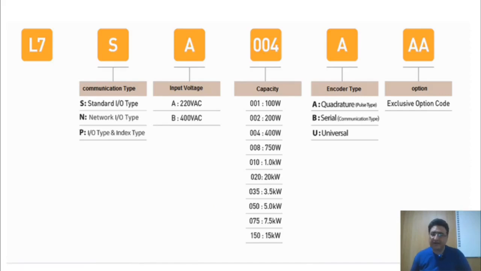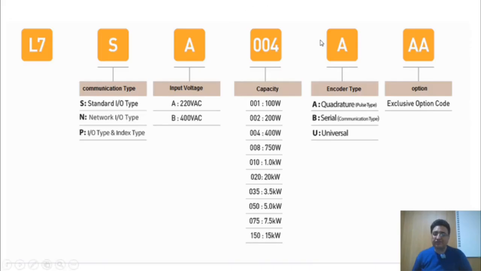The next letter refers to the type of motor encoder that we can connect to this drive. If we use the letter A, we can only connect motors with incremental encoders to this drive. If we use the letter B, we can only connect motors with absolute encoders to this specific drive.